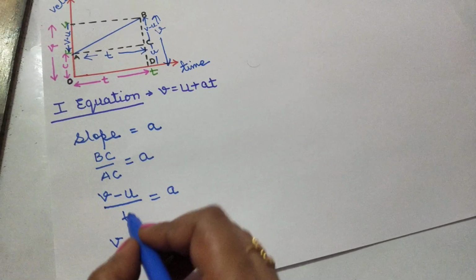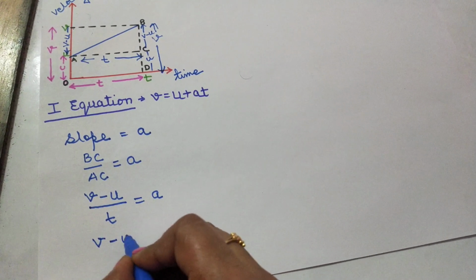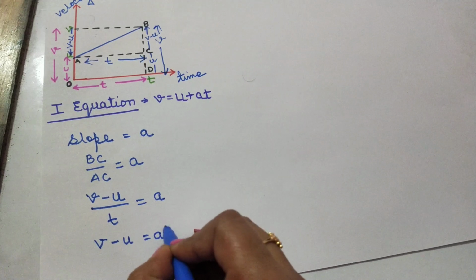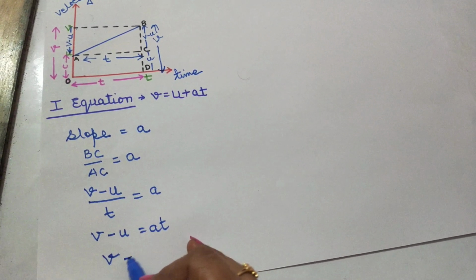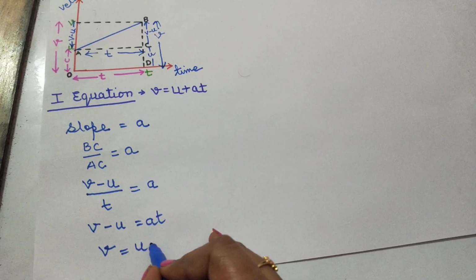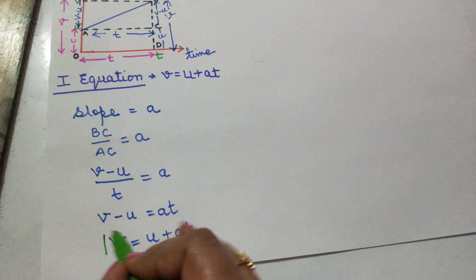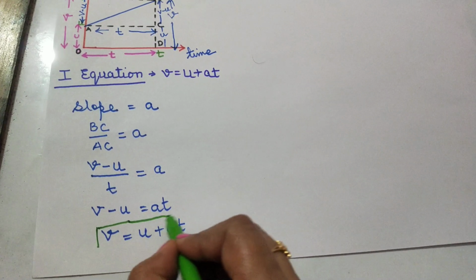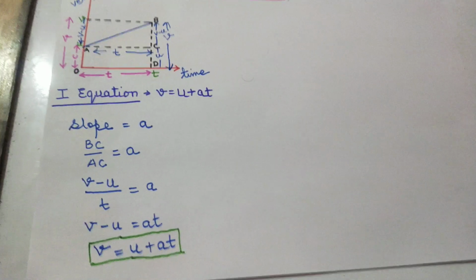It will be v minus u is equal to at, or we will get our equation, that is v equal to u plus at. Okay. So this is how we have got our first equation of motion, v is equal to u plus at. So try to derive this equation of motion first of all.